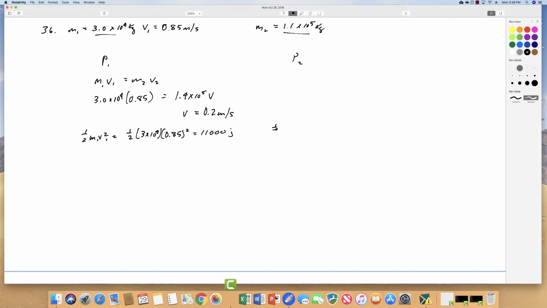And the second one, you'll have 1/2 times the new mass, 1.4 times 10 to the 5th, times 0.2 squared. And that's now going to be 2,800 joules. So in the process, you lose 8,200 joules. 8,200 joules are lost when you dump that metal in there.